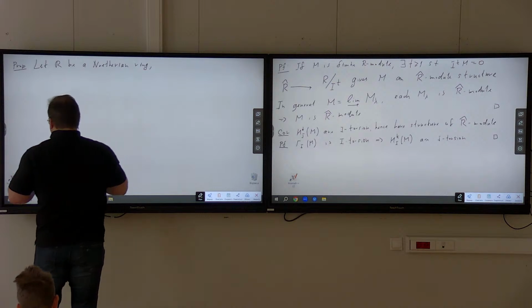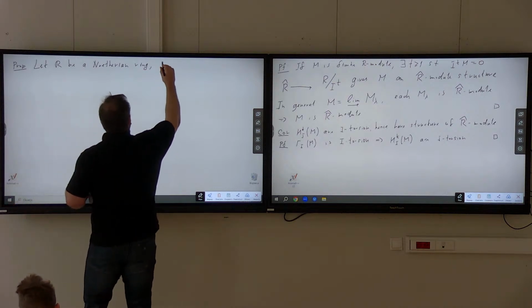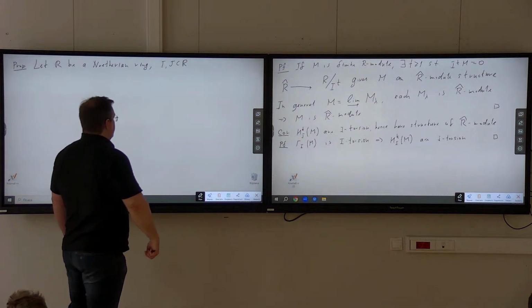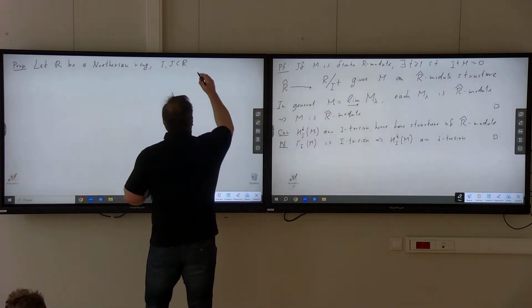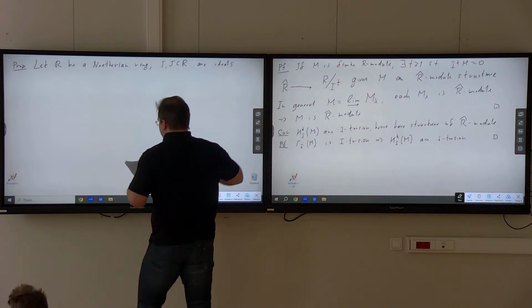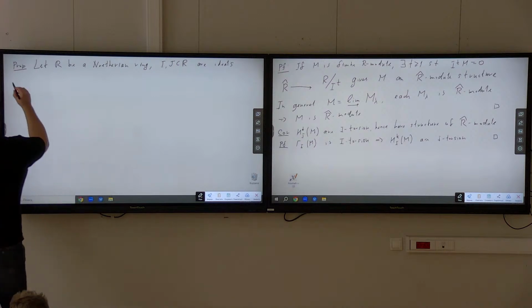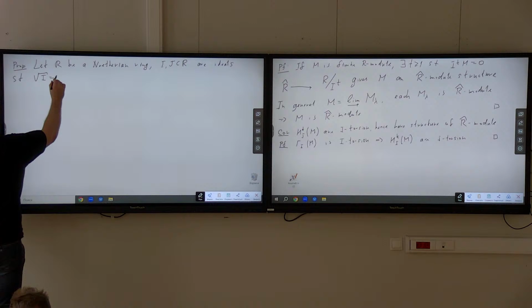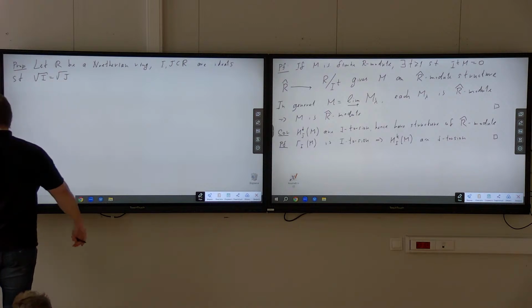We can relax this a little bit. We have two ideals, I and J in R. It's enough to say that these two ideals are finitely generated, such that they have the same radicals: the radical of I is the same as the radical of J.